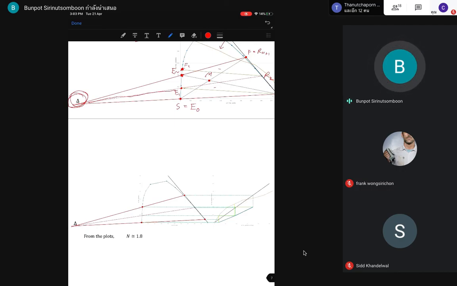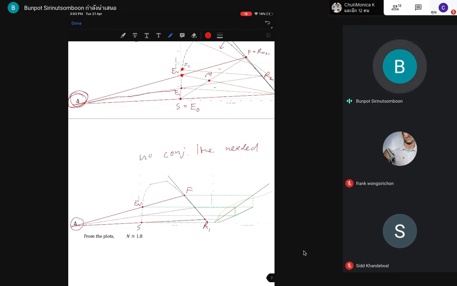But for this one, no conjugate line is needed. But you need to find the delta, and you have to find the delta from knowing En, F, S, and R1 here.